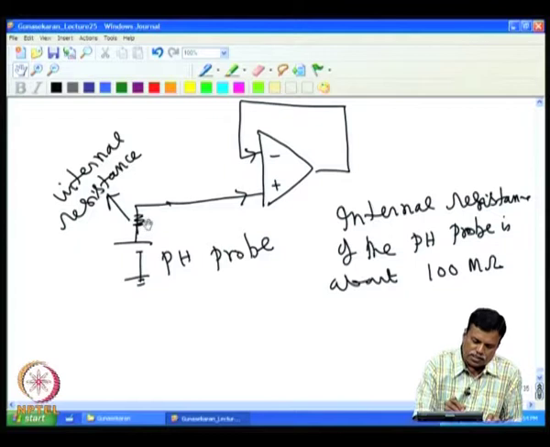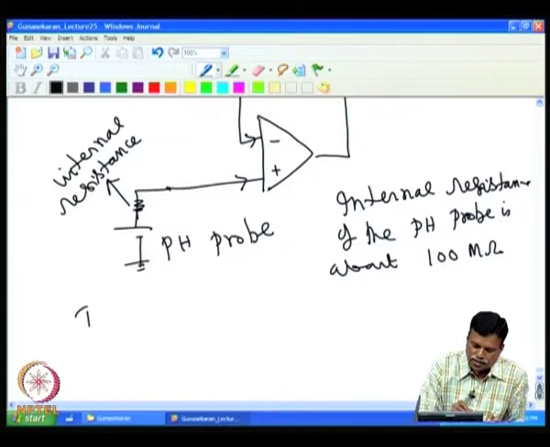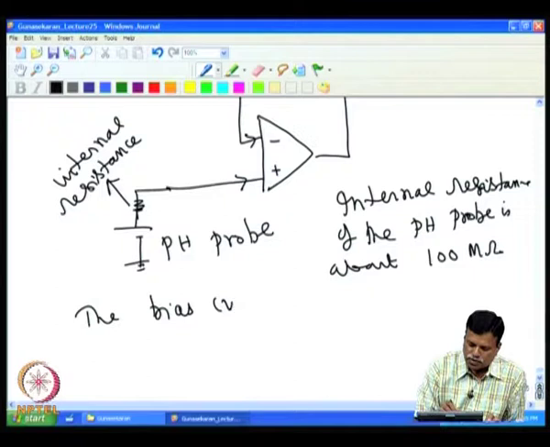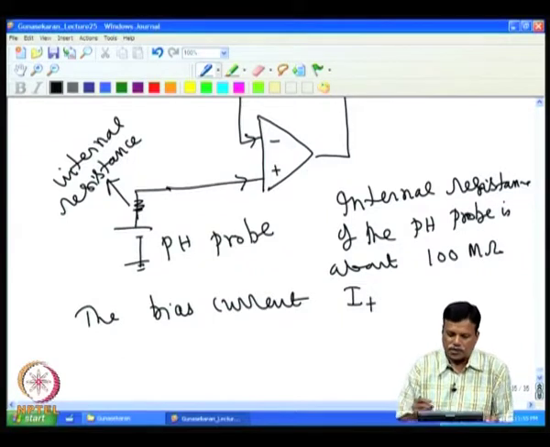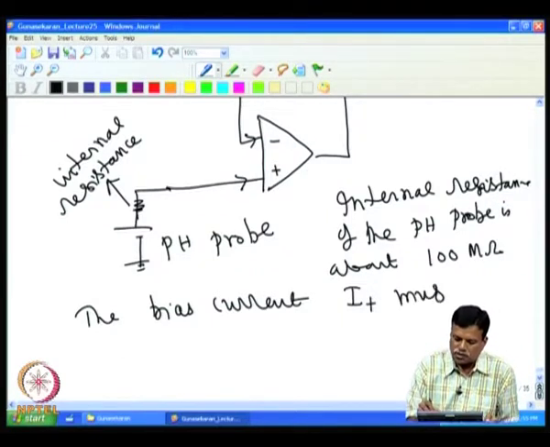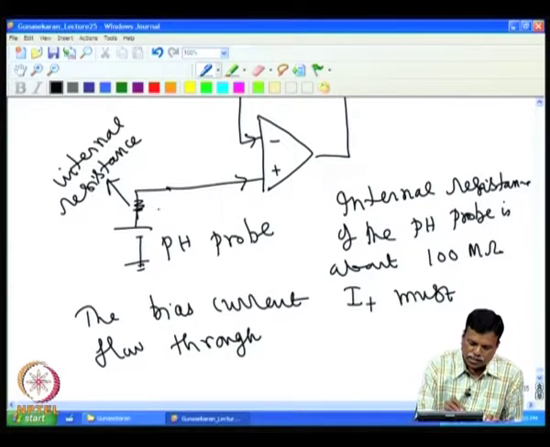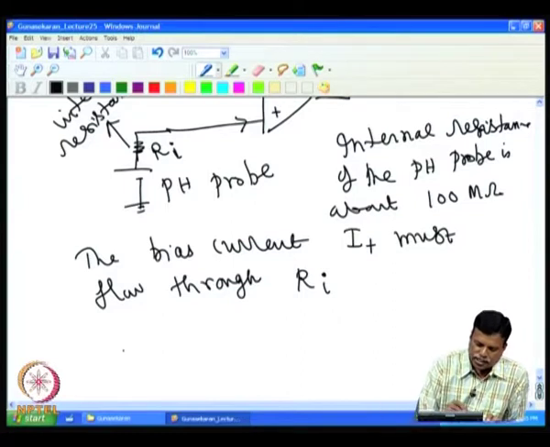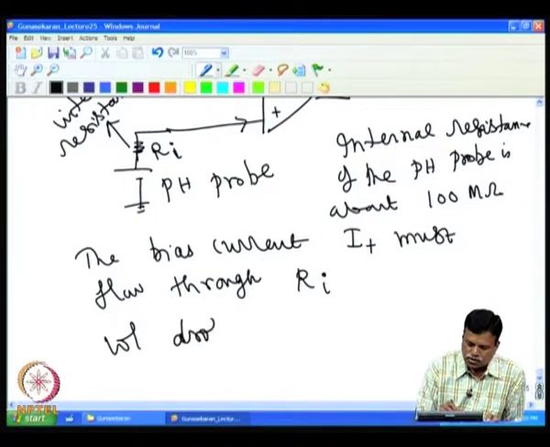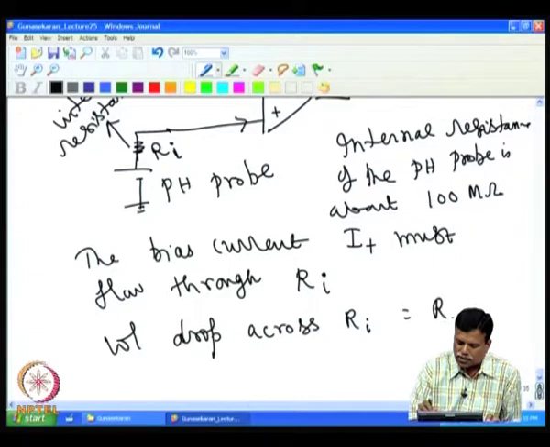So, when it goes through this, a voltage drop will occur across RI, which would be RI times I plus.